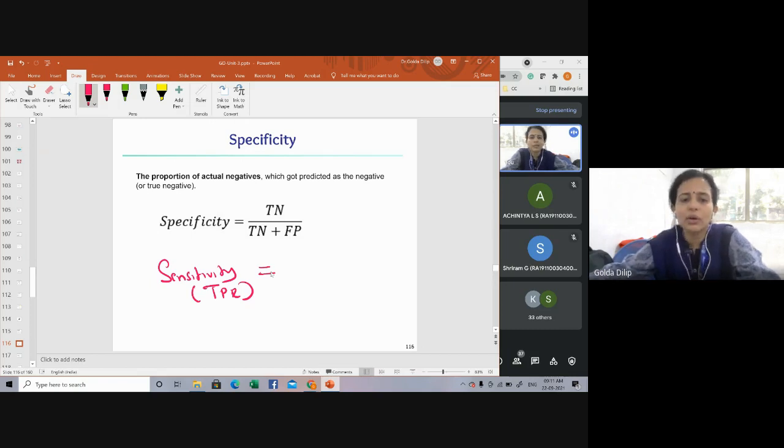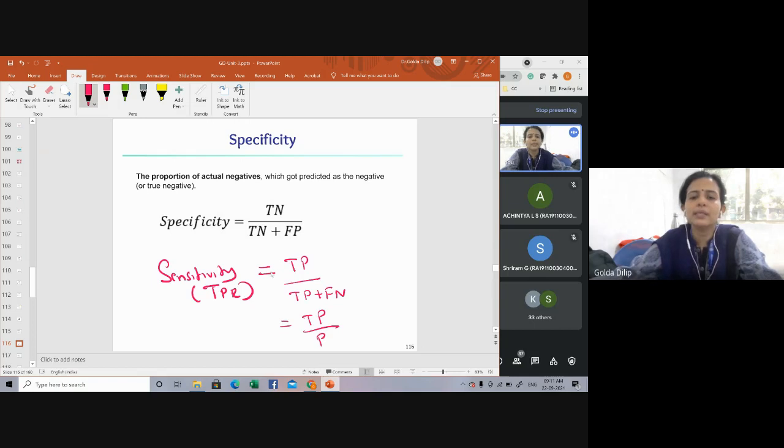Sensitivity is the true positive rate, so it is TP divided by TP plus FN. In some textbooks you will see it as TP by P, where P is nothing but TP plus FN. So that was sensitivity, the true positive rate.